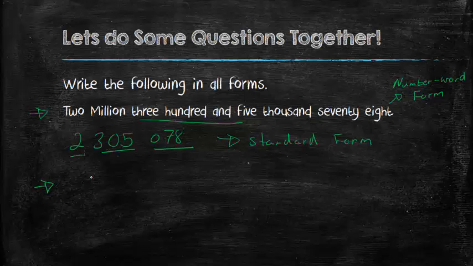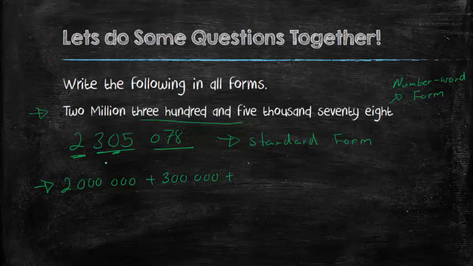And the last form will be the expanded form. In the expanded form, like before, 2 million. So we write out 2 million, 2 followed by 6 zeros, that's 2 million. Well, we've got a 3 here in the hundred thousands. So 300,000 plus we've got a 0 in the 10,000s.